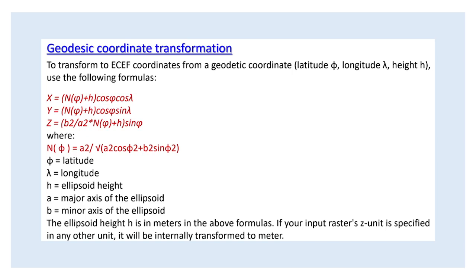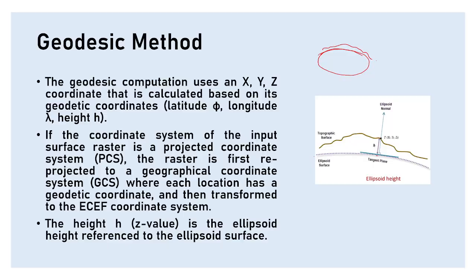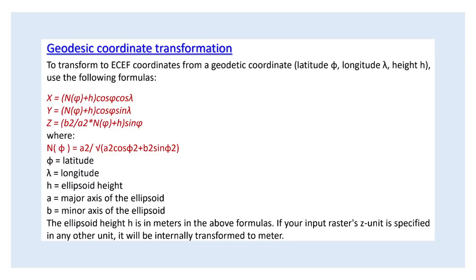So for x, y, z, we have these equations where N(phi), so phi is latitude and lambda is longitude, is given by this formula. The formulas are directly given. I'm really sorry, I don't know how it is derived. Anyway, this is how it is given.